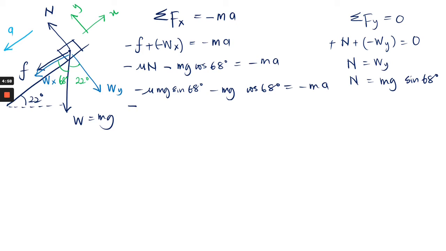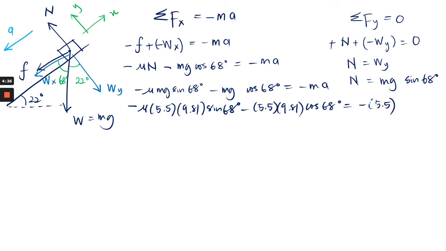Now we're going to substitute the values. Mu is the unknown that we need to find. The mass is 5.5, multiplied by 9.81 sin 68 degrees, minus 5.5 multiplied by 9.81 cos 98 degrees, and it is equal to negative 5.5 multiplied by the acceleration, which is 8.35.